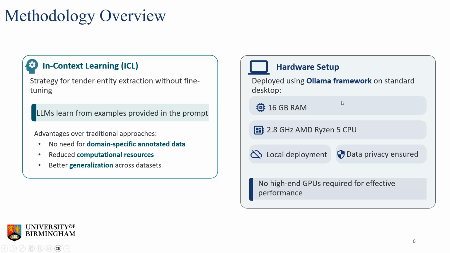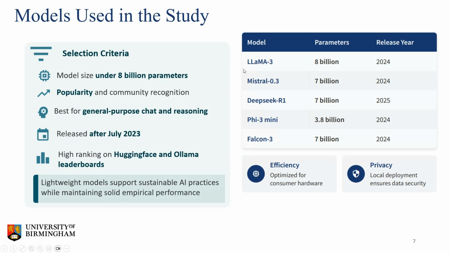Notably, we can run and deploy all these experiments on a standard desktop with just 16 GB RAM and AMD Ryzen 5 CPU using the Ollama framework, which is proving that expensive hardware isn't necessary. So in this study, we have used five different open source models, all with under 8 billion parameters.